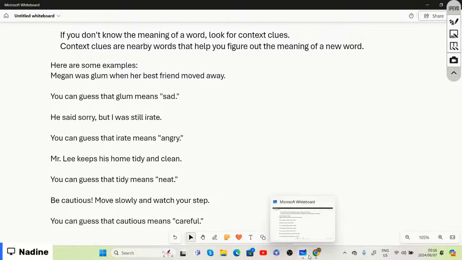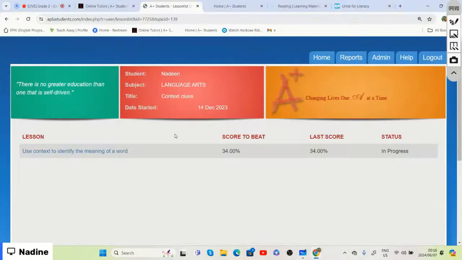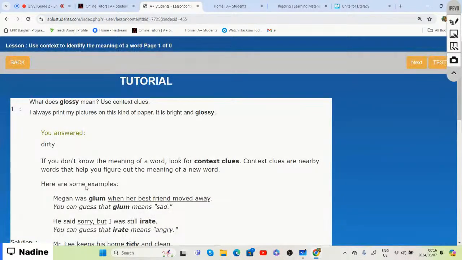We said our chapter is context clues, and the lesson we're going to be focusing on is to use context to identify the meaning of a word.